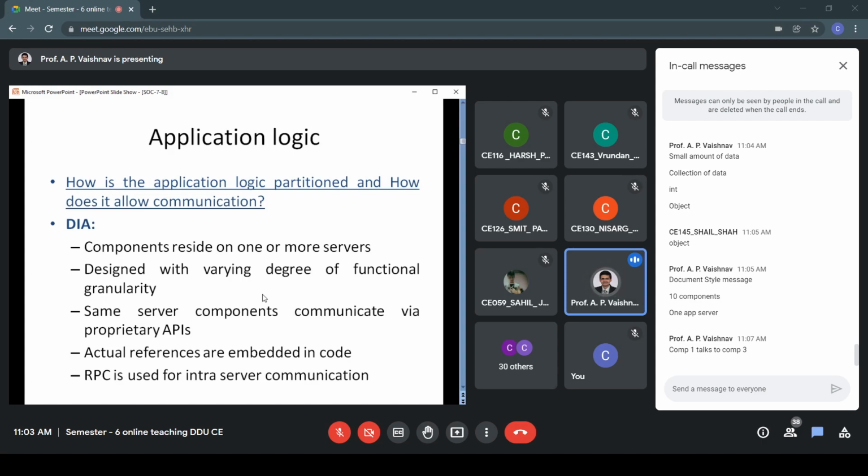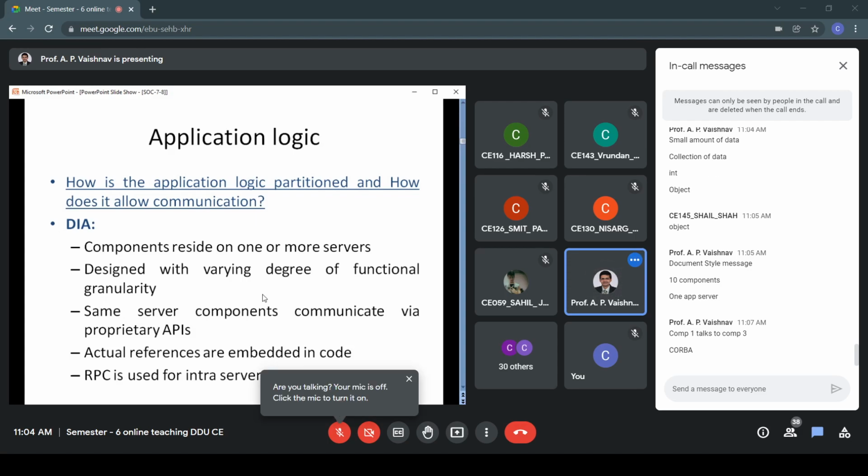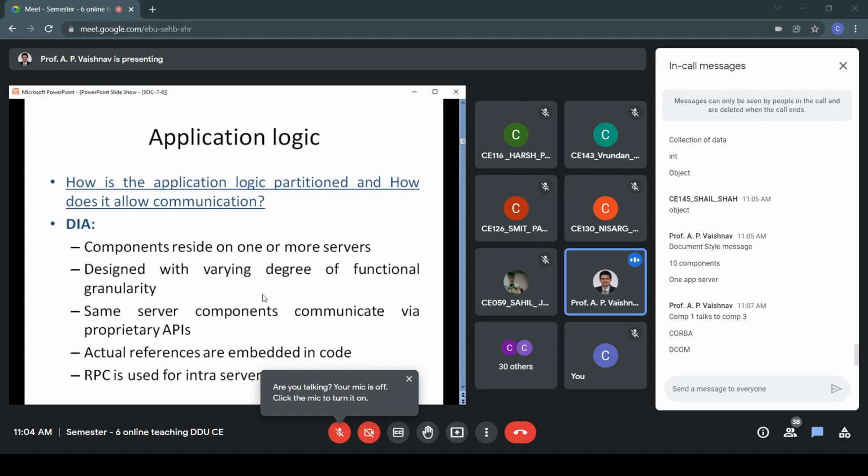It will be using a proprietary protocol like an RPC based mechanism, or protocols like Corba or DCOM, right? Fine. So these are the examples of proprietary protocols.